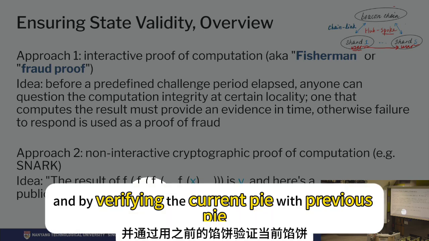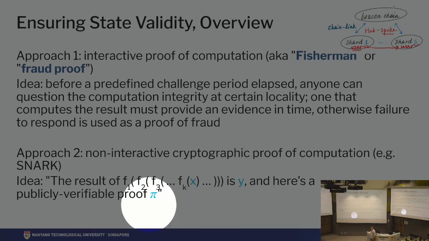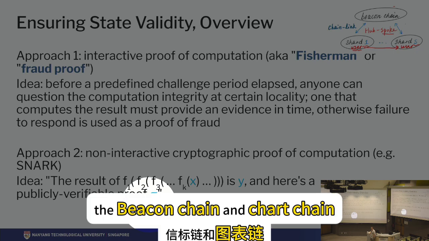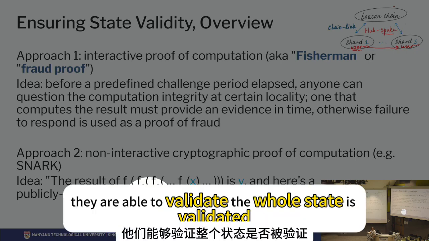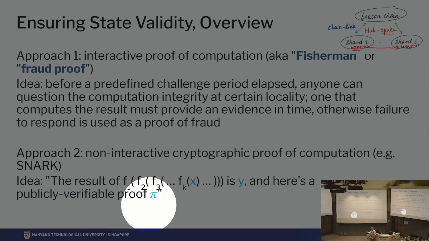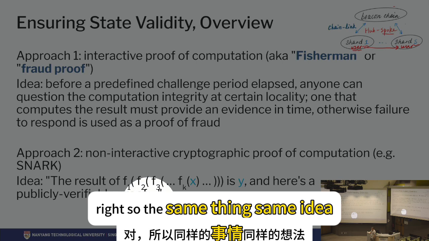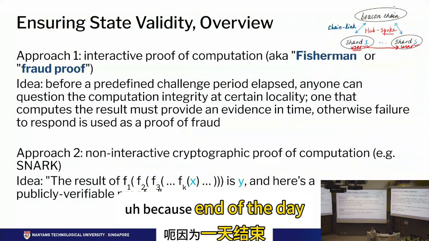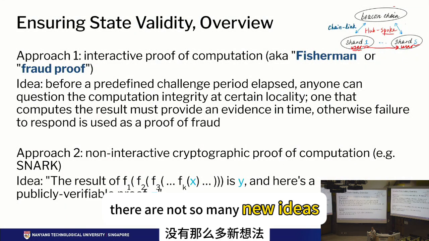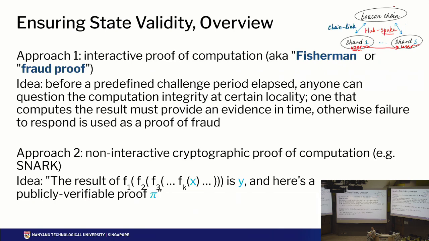And by verifying the current pi with the previous pi on the beacon chain and shard chain, they are able to validate the whole state. It's the same idea, because at the end of the day, there are not so many new ideas.